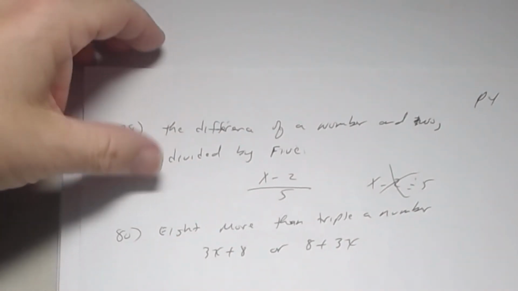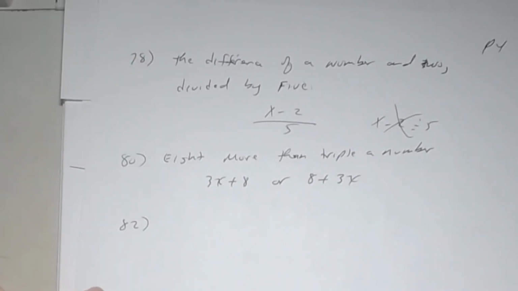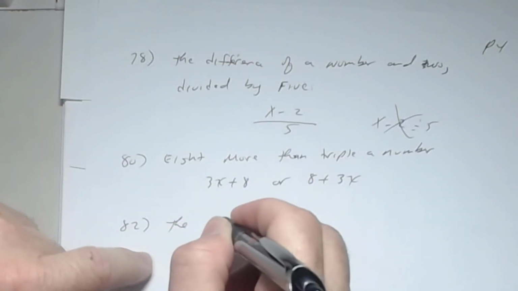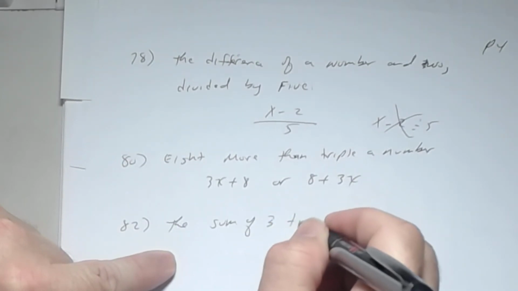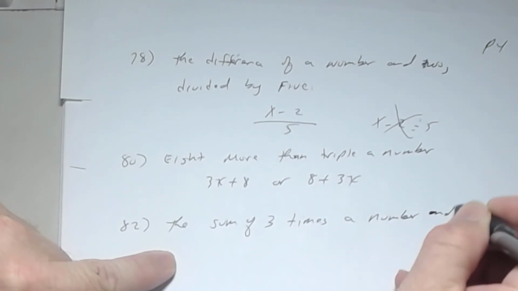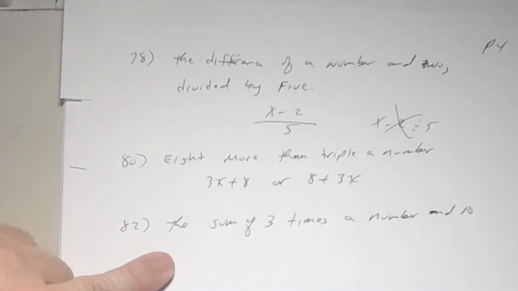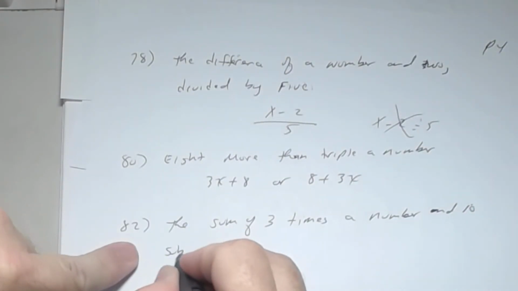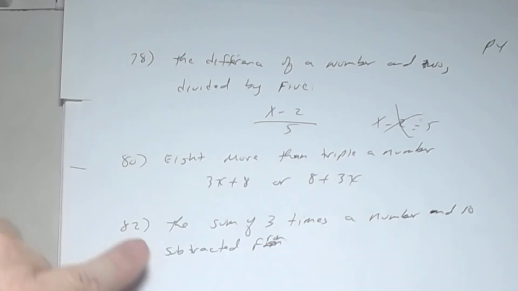82. Okay, so in 82 it says this, the sum of 3 times a number and 10, subtracted from, so there's the word subtracted from, 9 times the number.